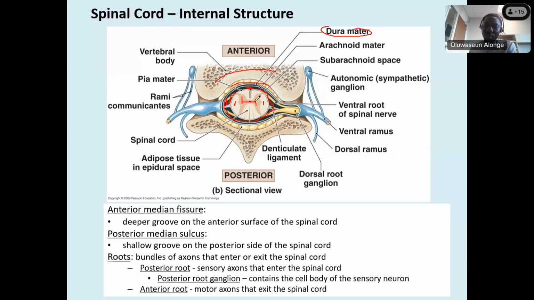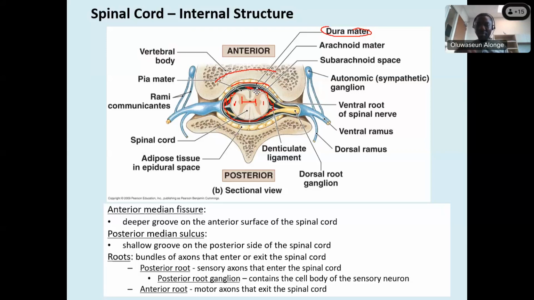The gray is gray because it has cell bodies. And we know cell bodies are filled up with Nissl bodies, which are rough endoplasmic reticulum. You remember that? And the color of the Nissl body is gray. That's why we call it gray matter. So there's the cell body there, including all other organelles.